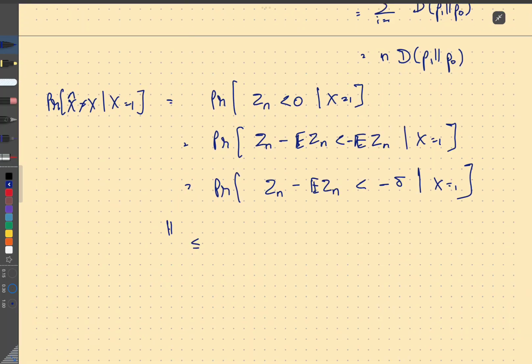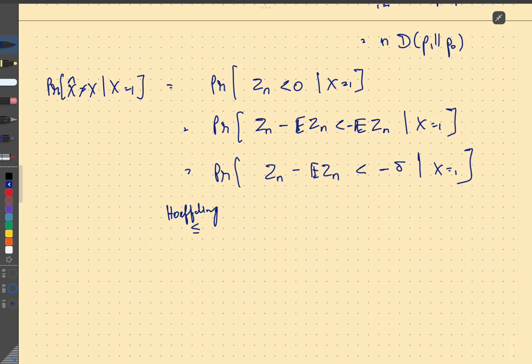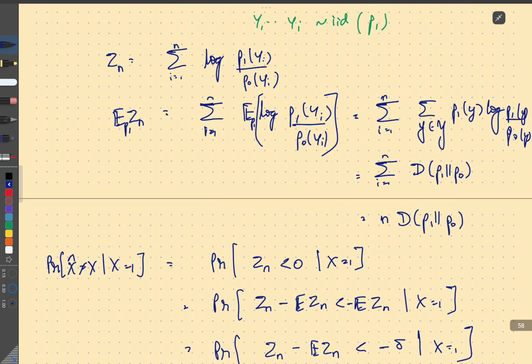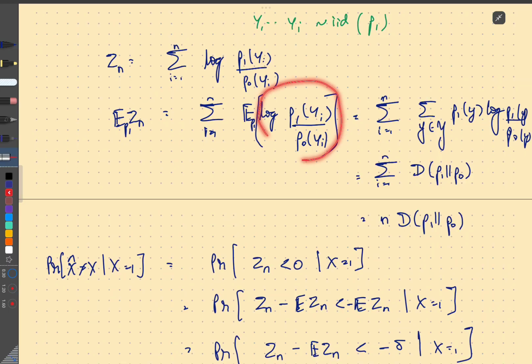So by Hoeffding's inequality, I can bound this by 2 times e to the minus delta square, which is the expected value of Zn squared, times some universal constant, divided by the sum i equal to 1 to n of the corresponding ki squared. Zn is a sum of random variables, right?